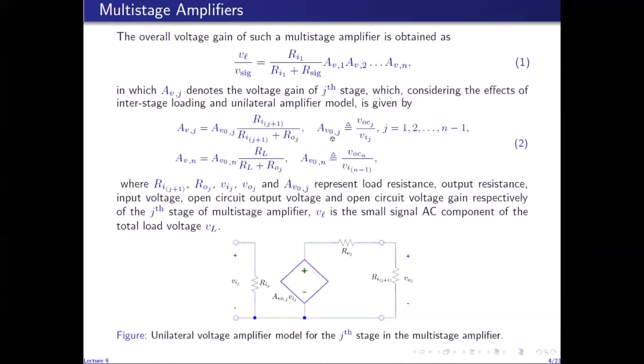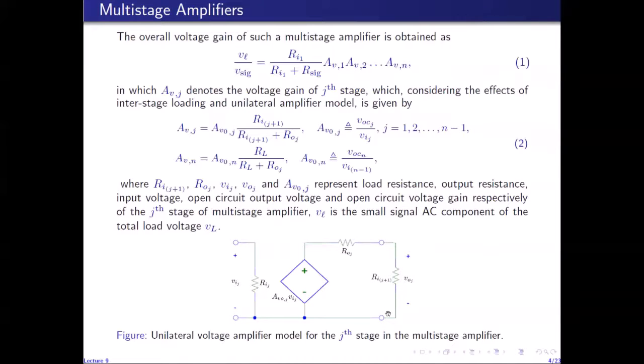And here I've represented the open circuit voltage gain as VOCJ. So if I remove the J plus first stage, the output of the jth stage will be open circuited. I denote that output voltage as VOCJ, and VOCJ divided by Vij is then the open circuit voltage gain.